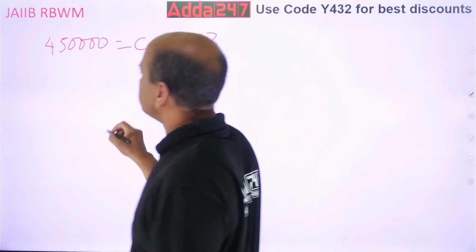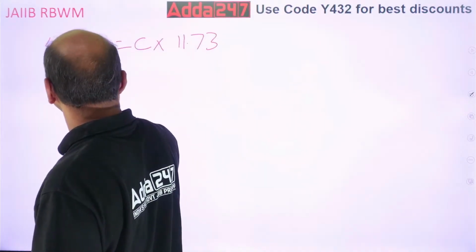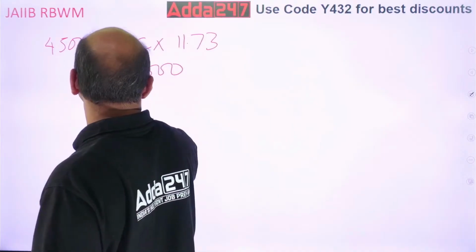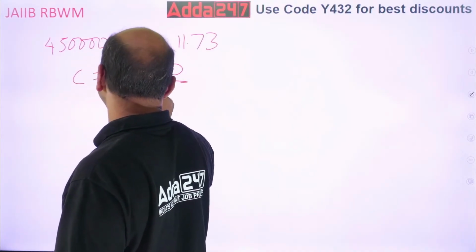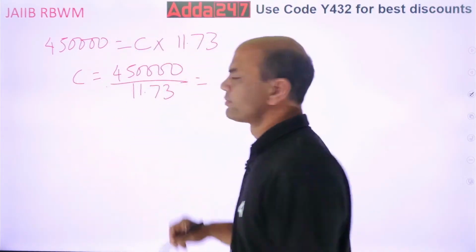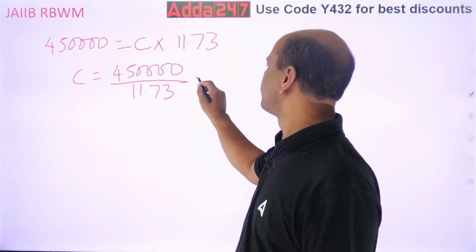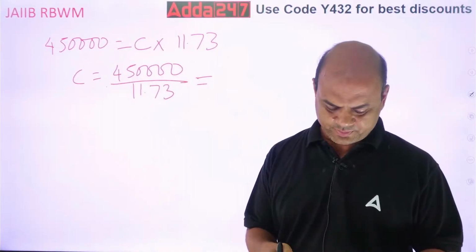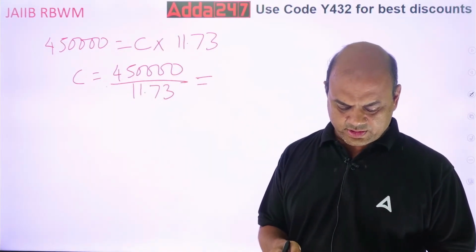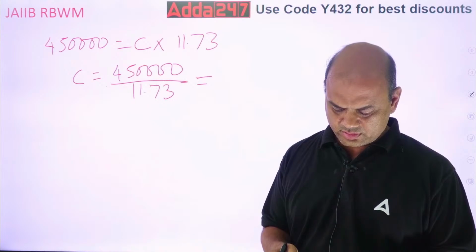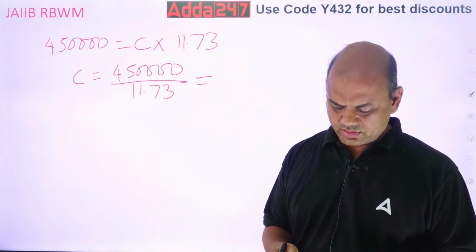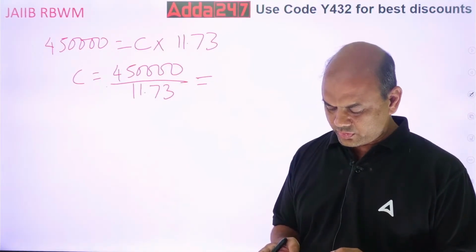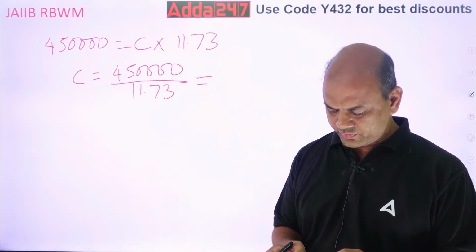So now find out C. C equals to 4,50,000 divided by 11.73. Getting this, everyone? Everyone check this. So what are you getting?